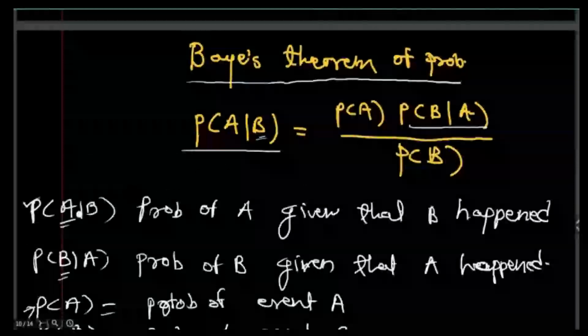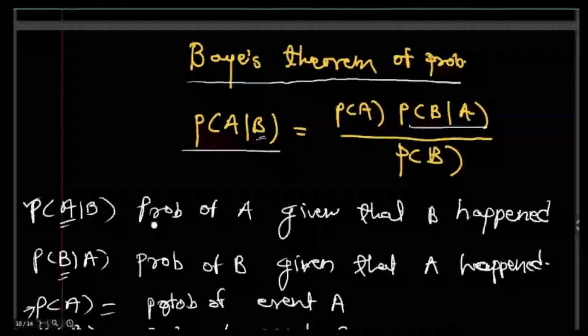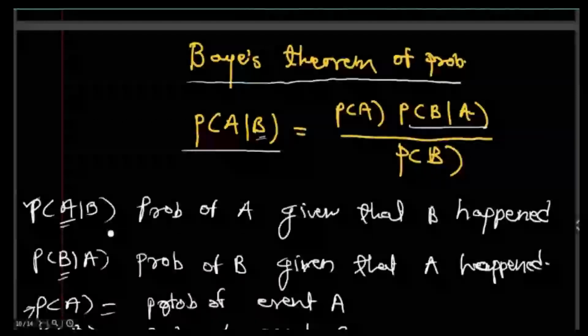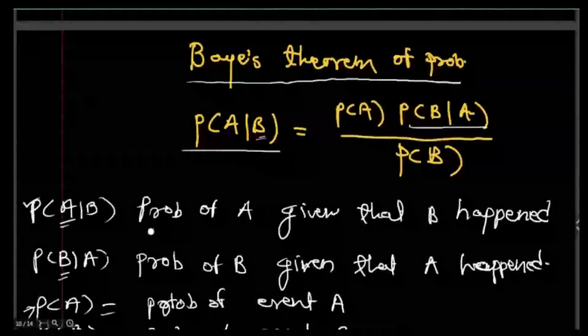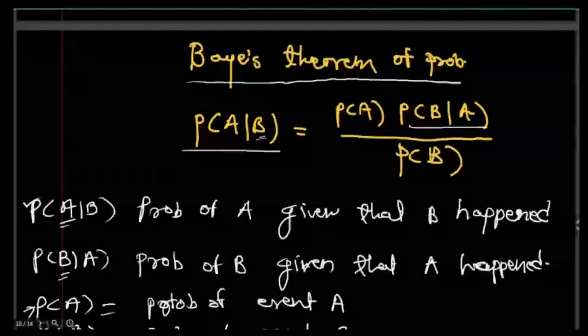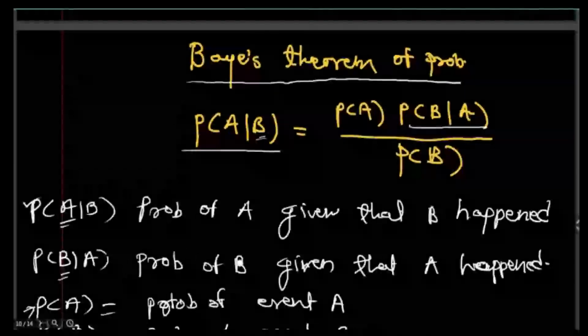Now how is this read? This is read as probability of A given B. It means the probability of event A given that event B has already happened. So this probability of A depends on the outcome of event B. And B given A means the probability of event B given that A has already happened.